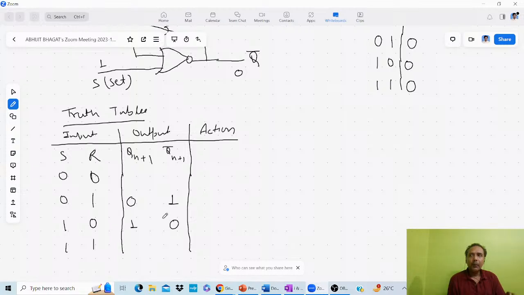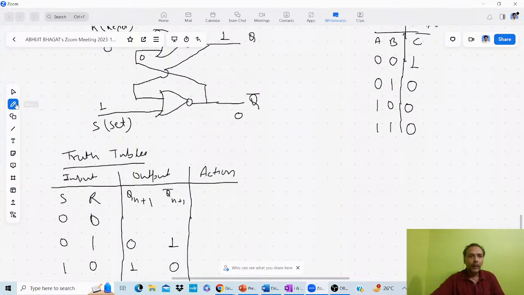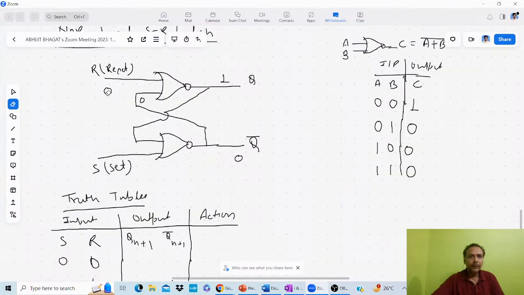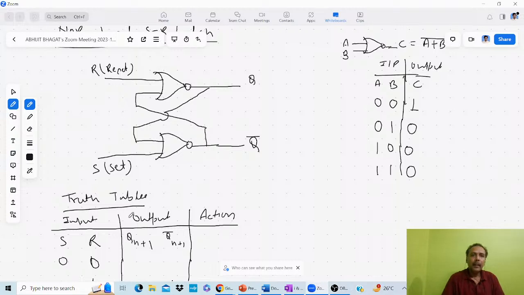I think it is clear to all of you. Next, suppose we discuss the 0, 0. So next when both the inputs are 0, 0, means S is 0 and R is 0.